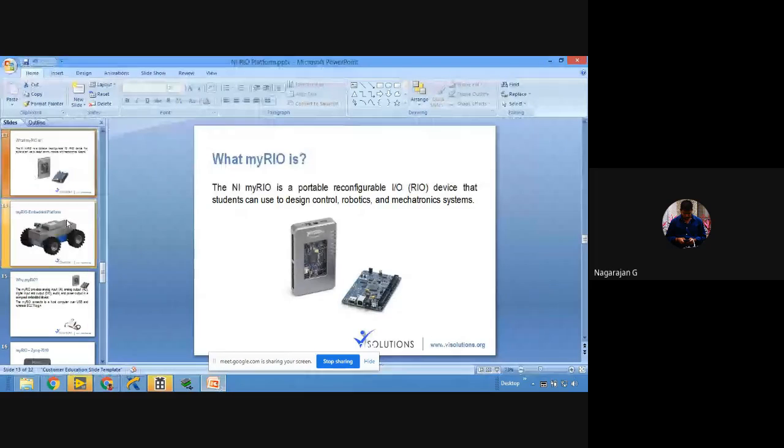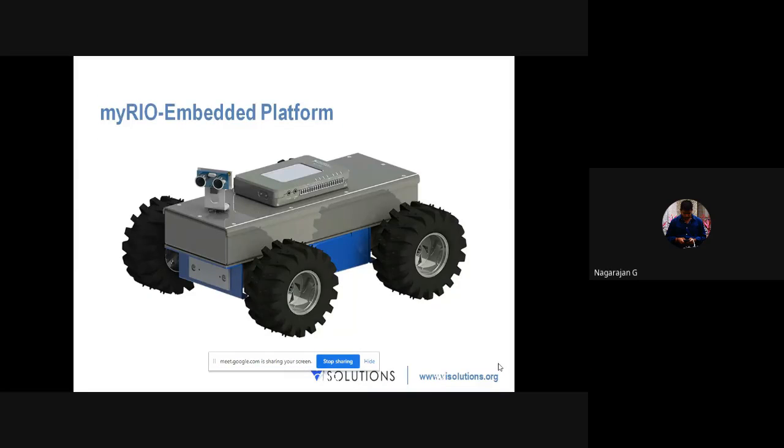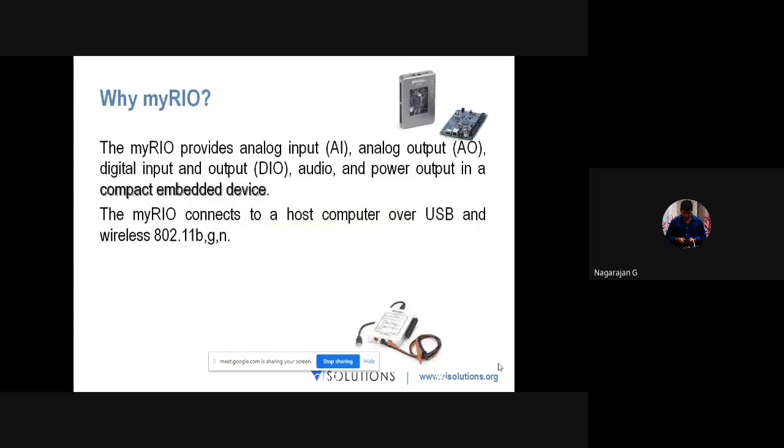So now we'll be working on this hardware only. This RIO comes under the embedded platform. It has an inbuilt FPGA. This myRIO hardware has analog input pins, analog output pins, digital input and output pins, and audio pins available.